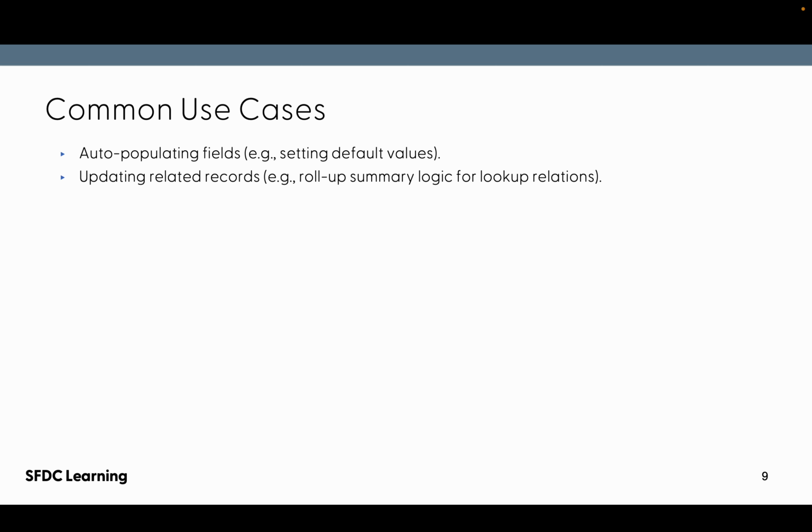Then updating related records. Let's say your relationship between parent and child is not master-detail. In that case, you can't create roll-up summaries. If you want something to be rolled up to the parent, you can write a trigger on the child object. Sending notifications, like email notification or Chatter post creation.